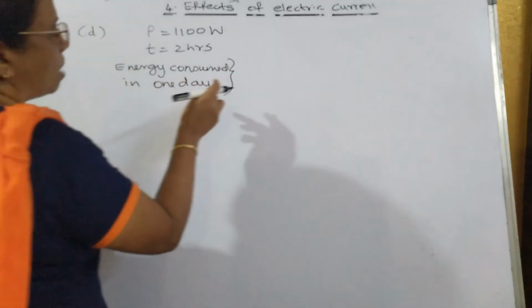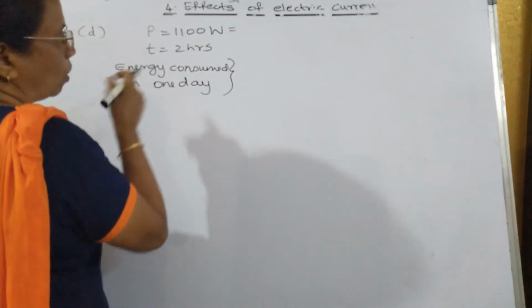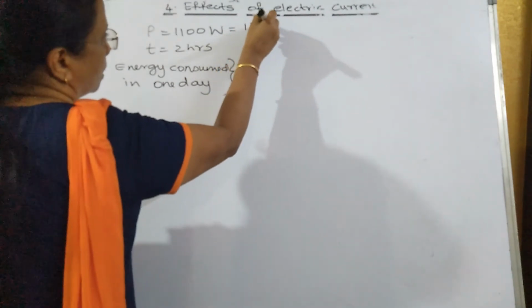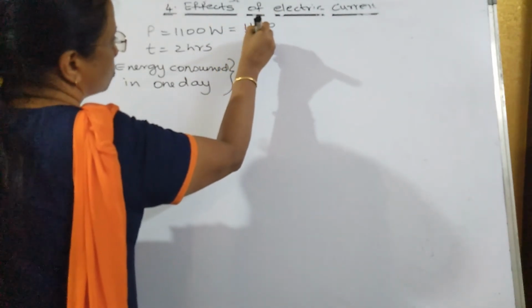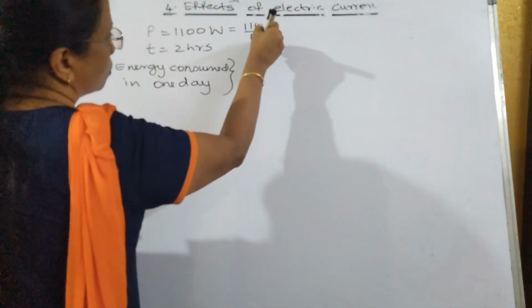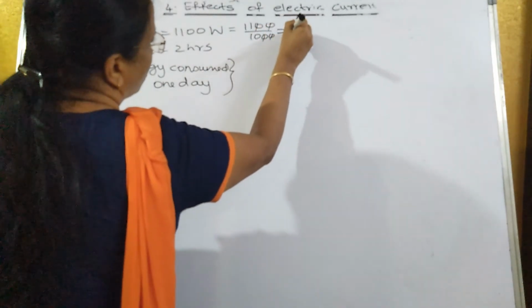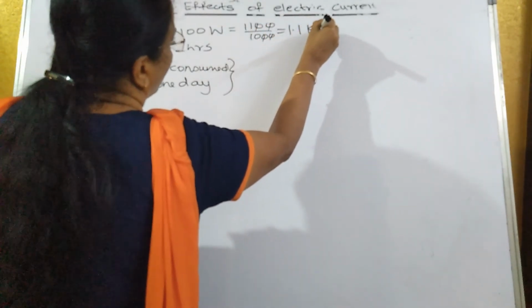It works for 2 hours. So you have to convert first into kilowatt. 1100 upon 1000. So first convert watt into kilowatt. So these 2 zeros will get cancelled. Since 1 zero is there below, so that will become 1.1 kilowatt.